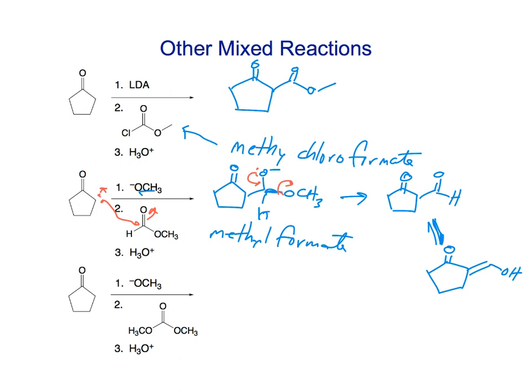Okay. All right, we looked at beta dicarbonyls, and we said how they had a pretty good component of enol.